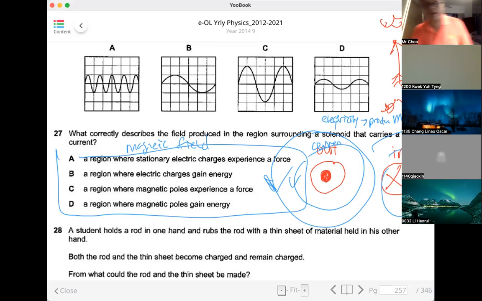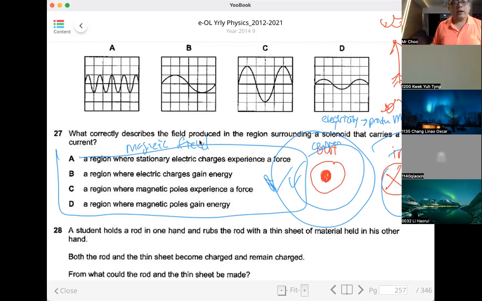Which of these answers explains a magnetic field? So a magnetic field is a region where what? Where a magnetic pole experiences what? Okay, Pei Kwan, try again.